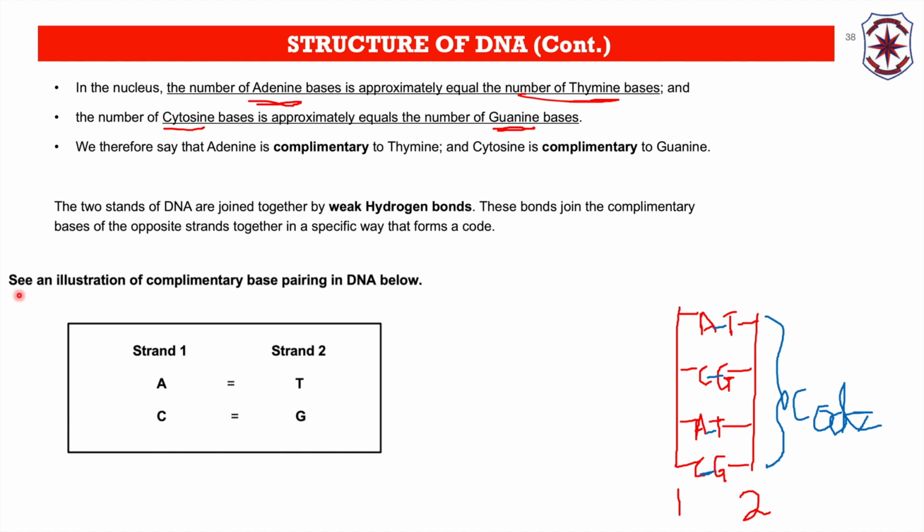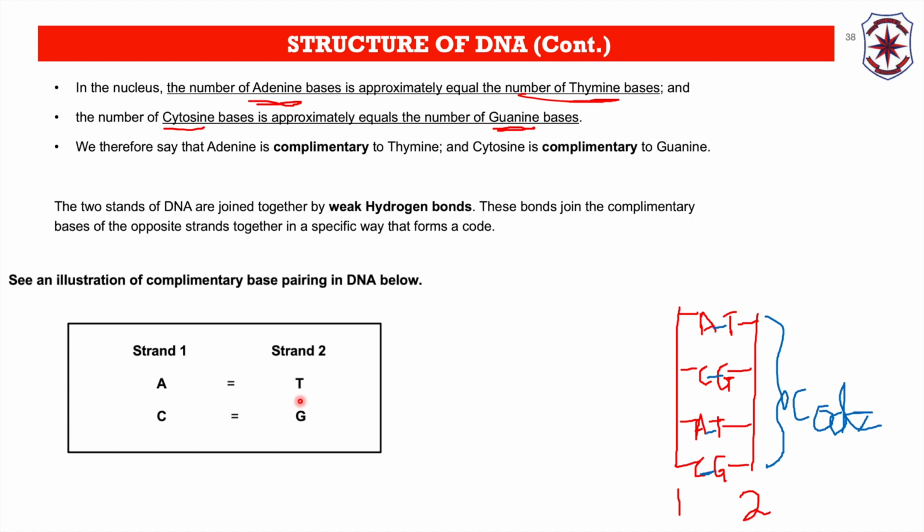Continuing. See an illustration of complementary base pairing in DNA below. So like we said, adenine is always complementary to thymine, and cytosine is always complementary to guanine. All right?